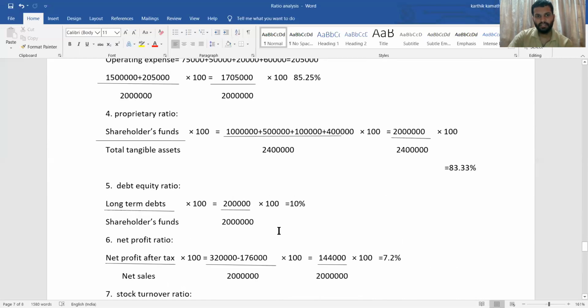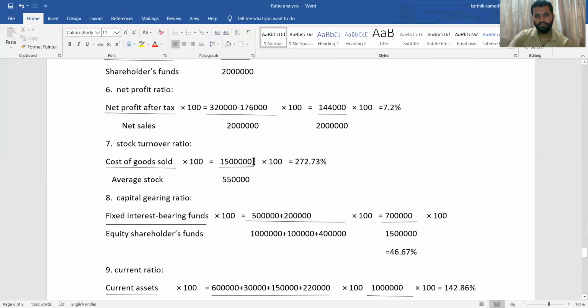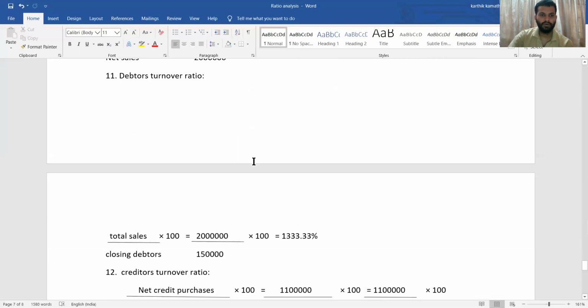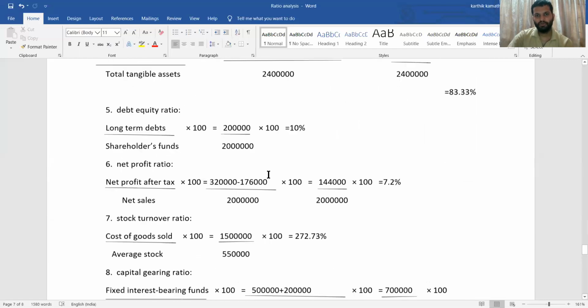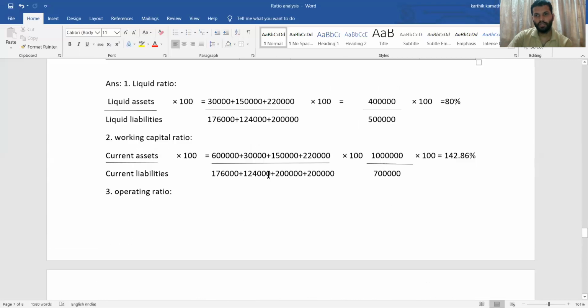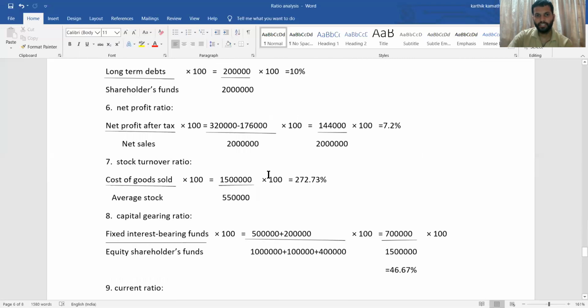Creditors 2 lakh plus bills payable 1,24,000. Only those two accounts, so average accounts payable is 3,24,000. 11 lakh divided by 3,24,000 into 100, you will get 339.50%.